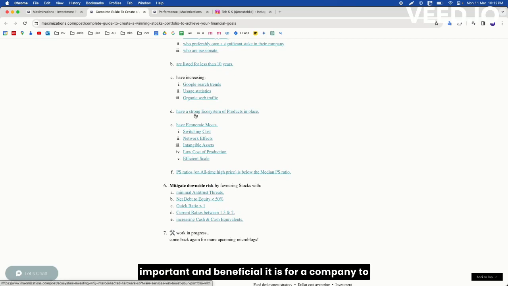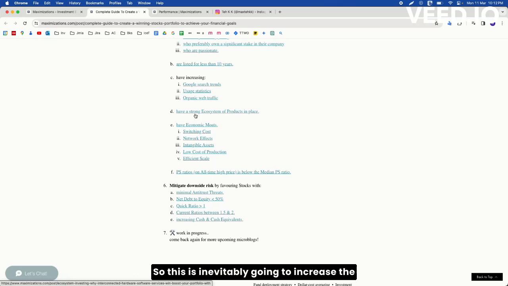And I also talk about how important and beneficial it is for a company to have a strong ecosystem of brilliant products in place. So instead of investing in companies which are only producing certain brilliant individual products, it is a lot more powerful when the company is able to combine all those products together into an ecosystem that will make existing customers more reluctant to switch.